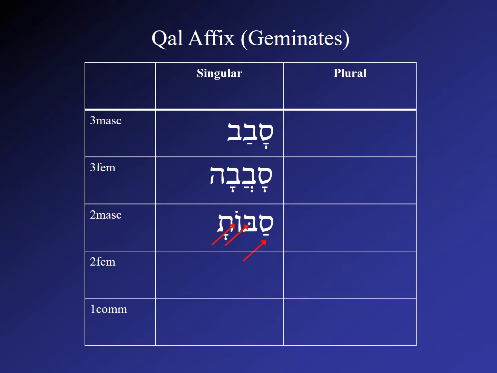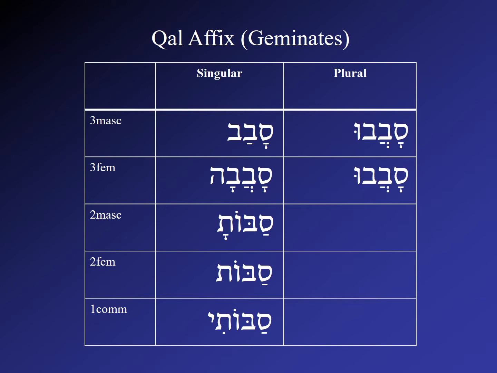But we've seen this pattern before. The other thing that happens is we lose our dagesh in our affix. So sabota. The dagesh in the bet there is indicating the doubling of the bet. So because there's two bets, that's just indicating both of them. So sabota, sabot, saboti. So those three are just on analogy with the second masculine singular.